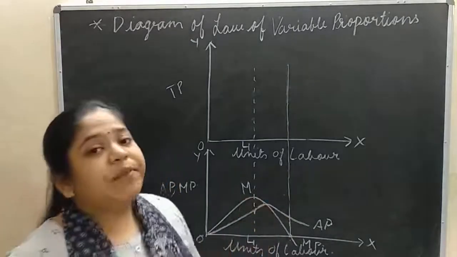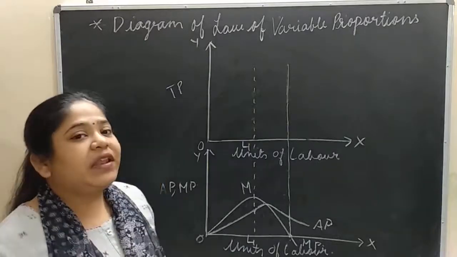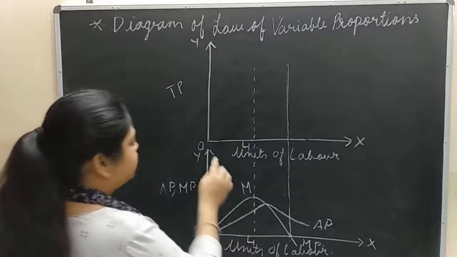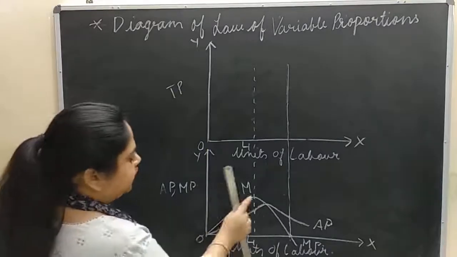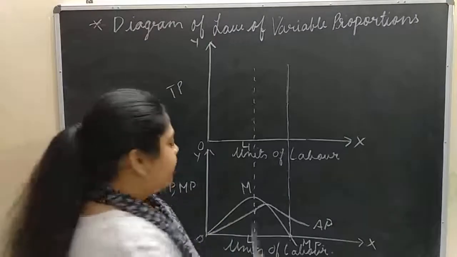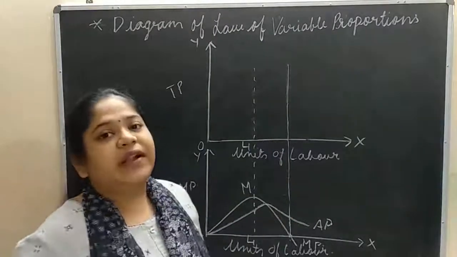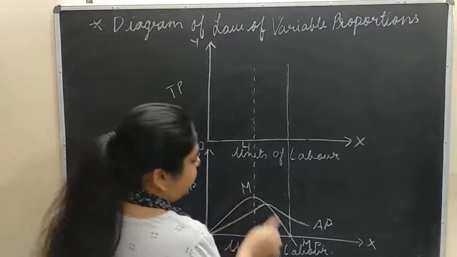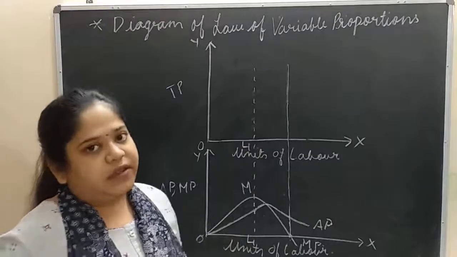When MP is increasing, TP will increase at an increasing rate. Here MP is increasing, so TP will increase at an increasing rate. When MP is falling, TP will increase but at a decreasing rate.